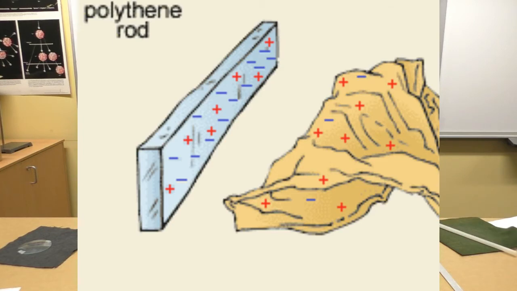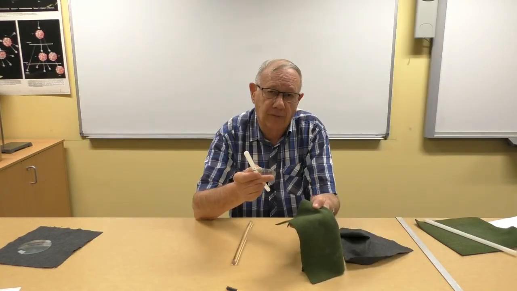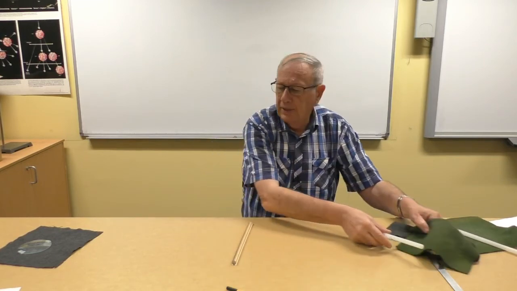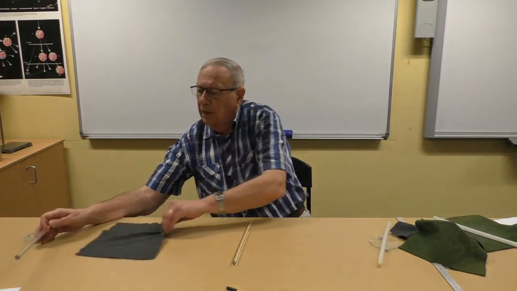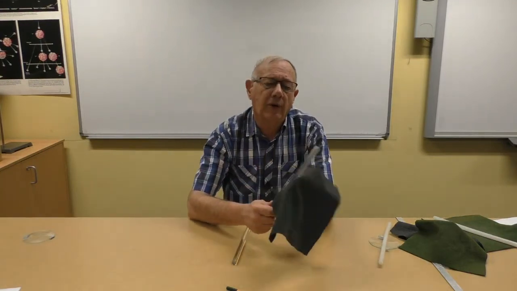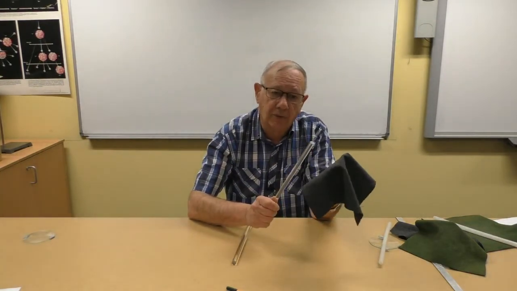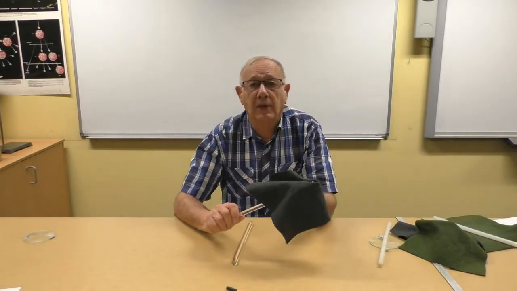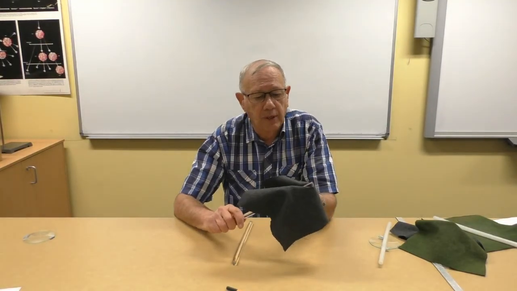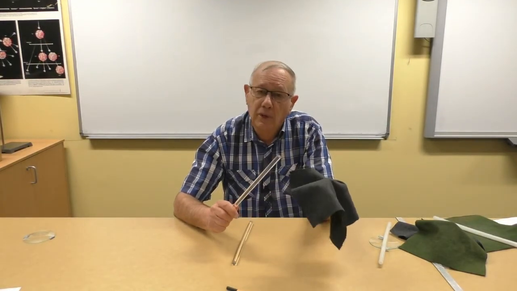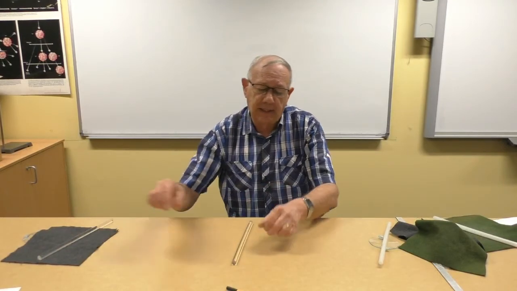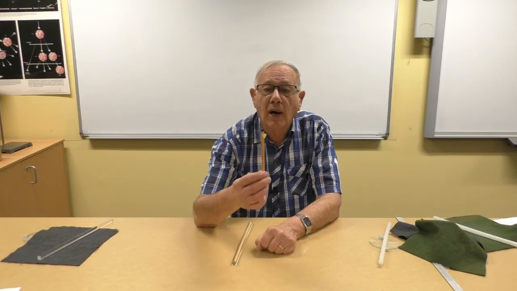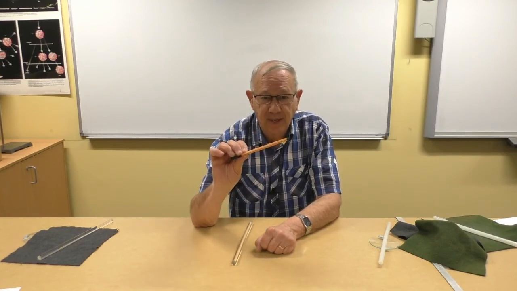The atoms in the rod have a stronger attraction for electrons. In the case of the cellulose acetate rod, we find that the cloth has a stronger attraction for electrons, and the acetate rod will give those electrons across to the cloth. So this basically is our answer to why this happens.